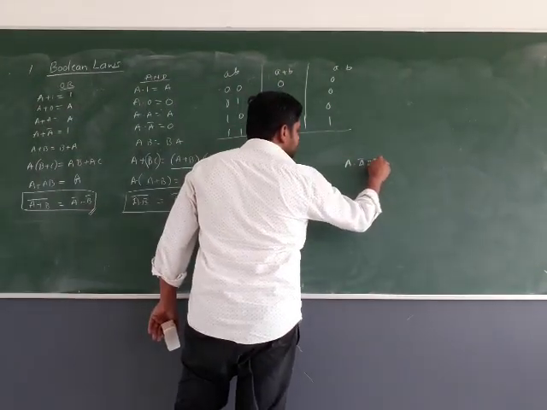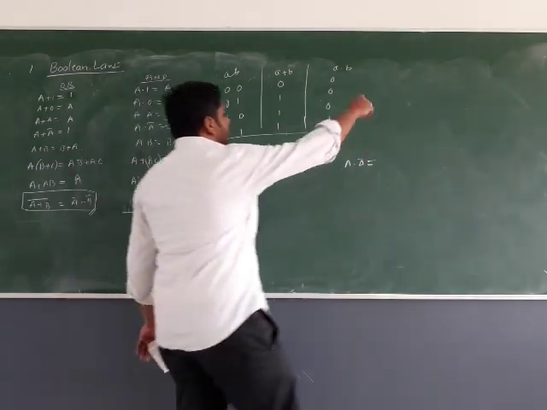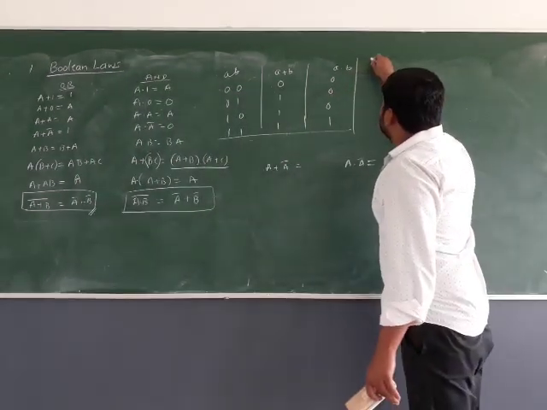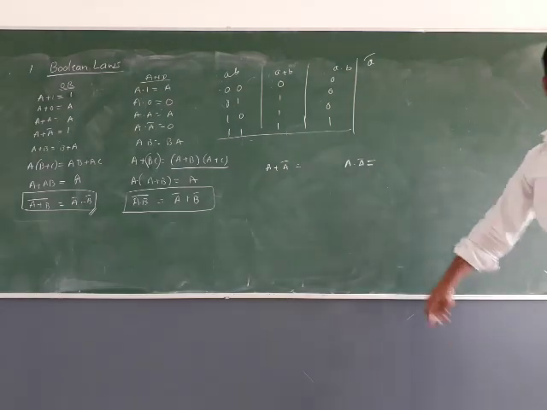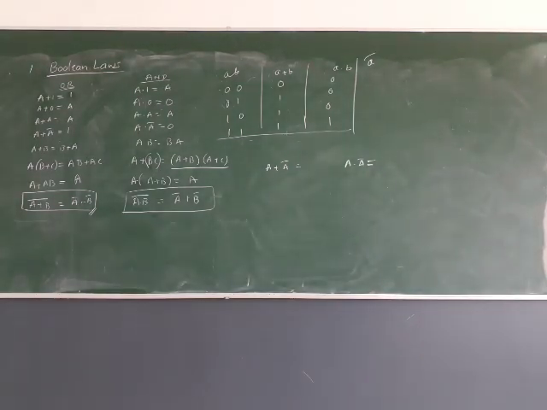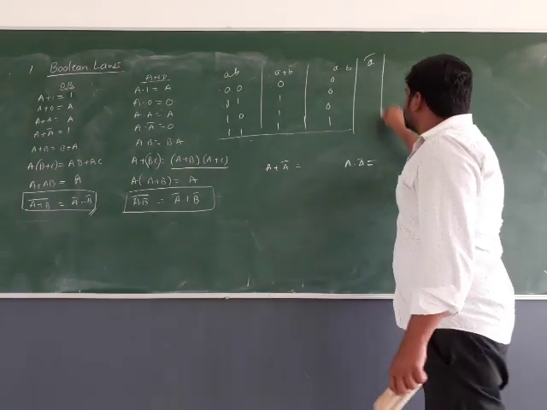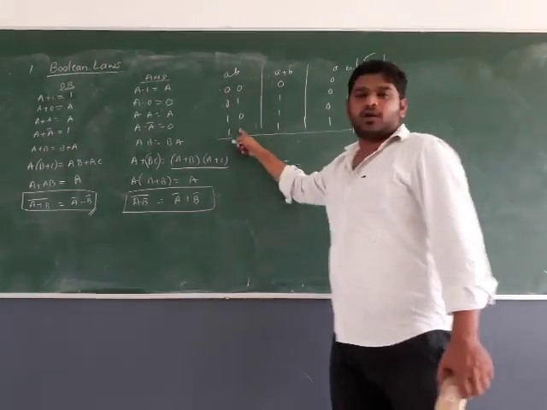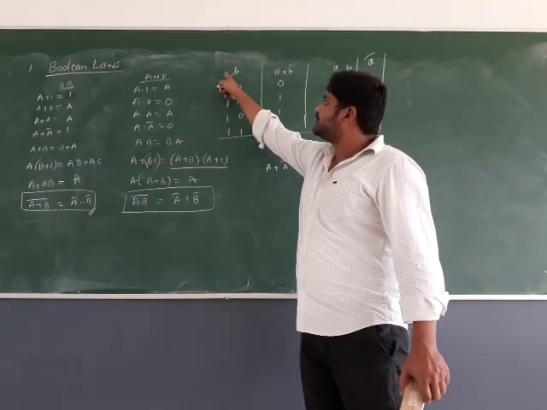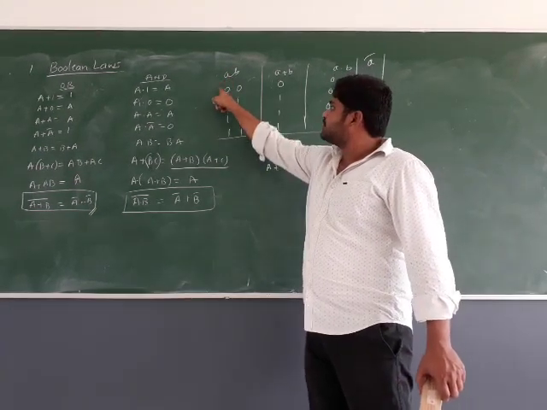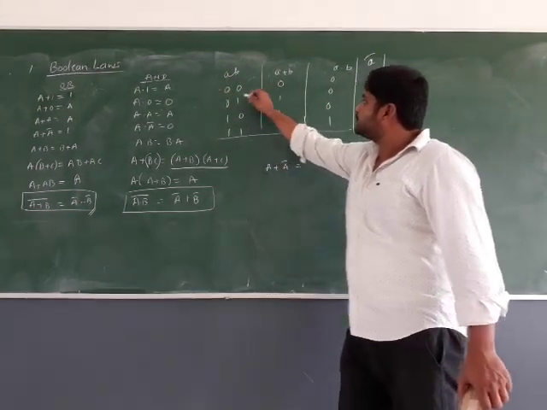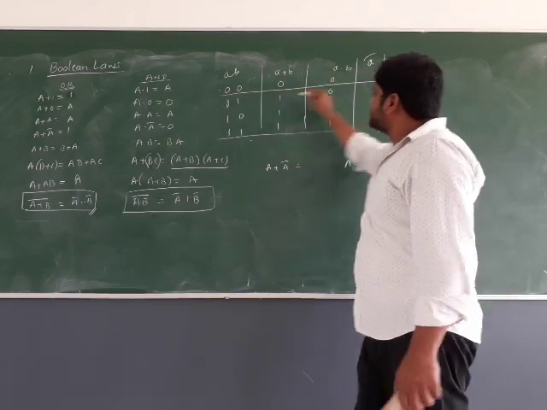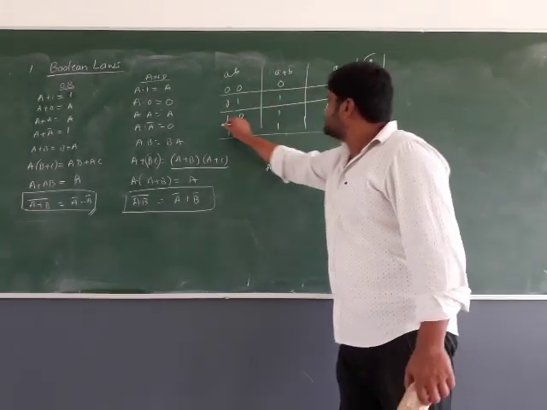Okay, so for this I have taken reference of one more column called A complement. Okay, so this column is A complement. I should not refer to B complement. Please remember, I have to refer only to the A column. What is the first row value in this row of A?